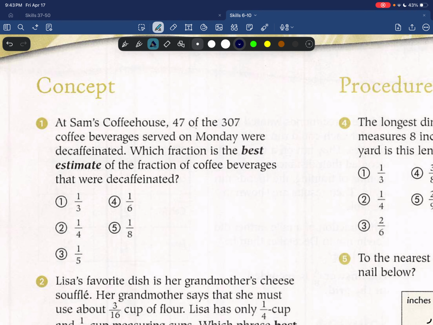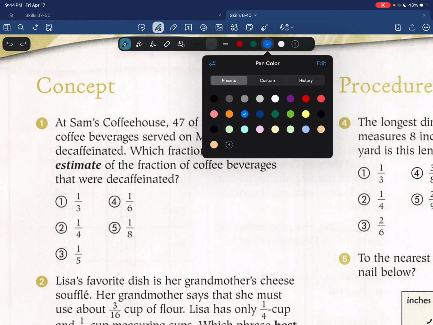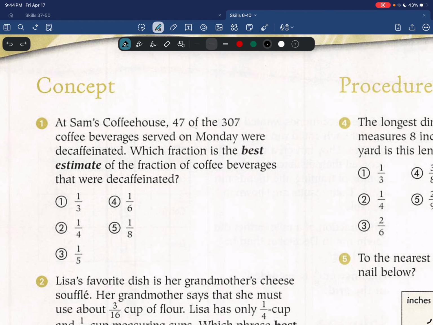So we're going back to lesson 1 where we learned to estimate and apply those skills. So I have 47 out of 307. But they want me to estimate.